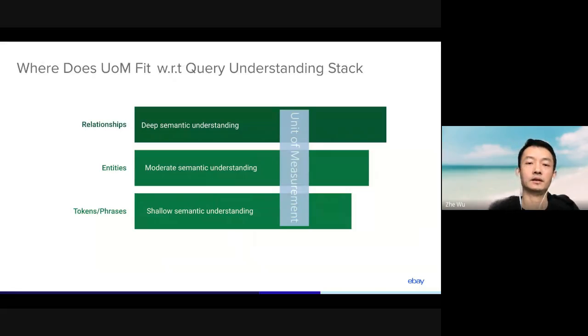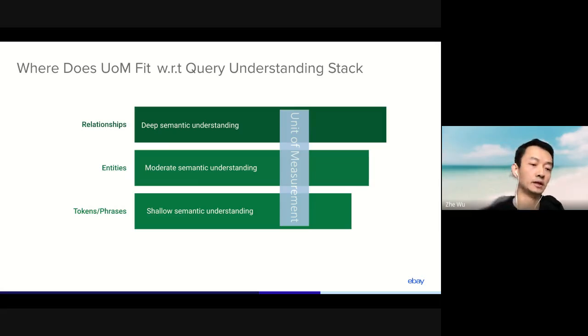I'm part of the query understanding team in the eBay search organization. At query understanding, we care about 3 different levels of understanding. Let's work our way bottom up. At the lowest level, we take a look at the query. We try to study the tokens and phrases, bigrams, trigrams, etc. At this level, we gain shallow semantic understanding of a query.